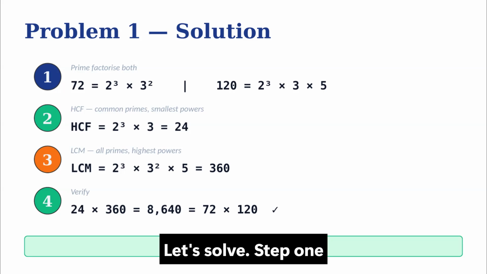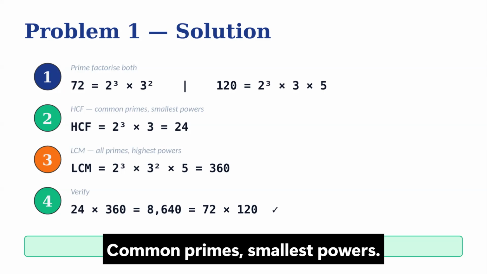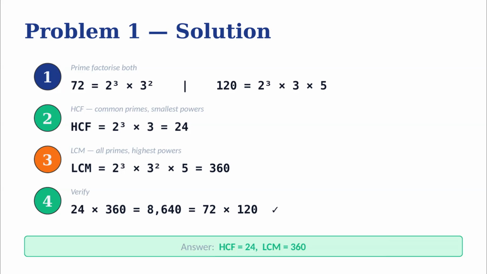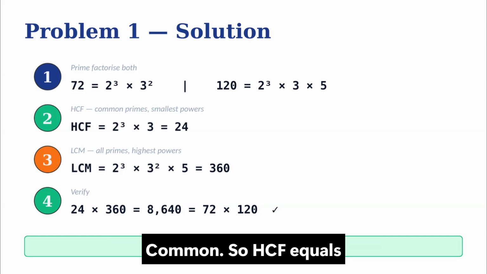Let's solve. Step 1. Prime factorize. 72 is equal to 2 cube times 3 square. 120 is equal to 2 cube times 3 times 5. Step 2. HCF. Common primes, smallest powers. Both numbers have 2 cube and 3 common.